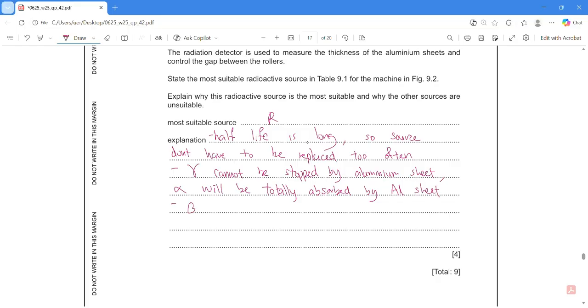So the beta is the only one which can change the count rate based on the thickness of your aluminum. Beta is the only one. We change the count rate with the thickness of the aluminum. So easy, done.